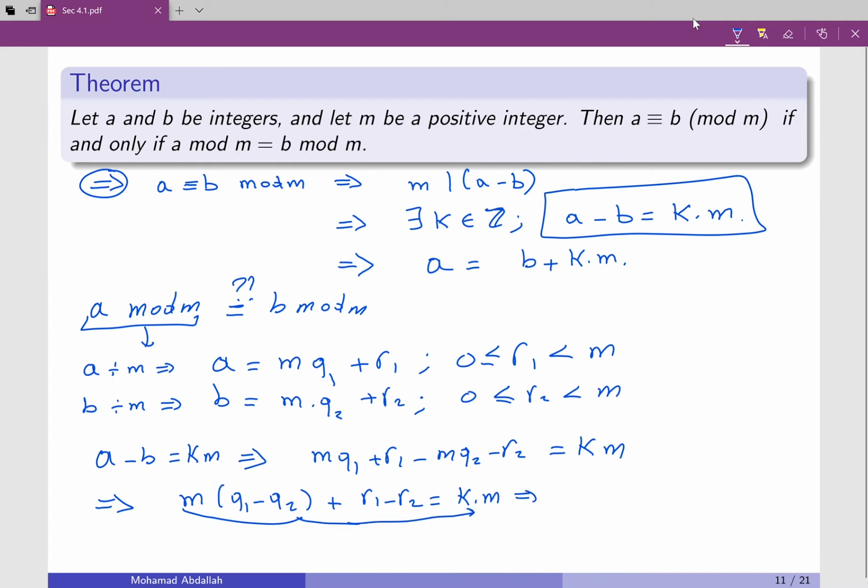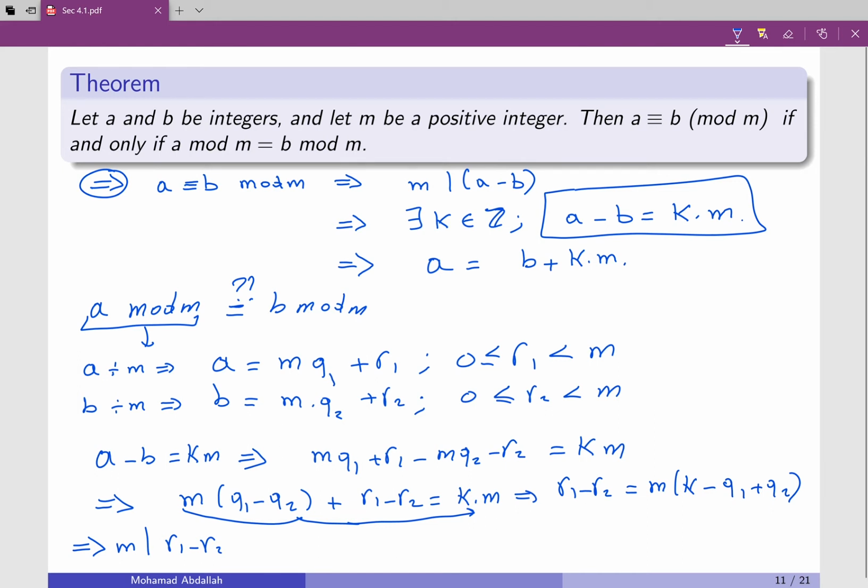So this means that R1 minus R2 is equal to M multiplied by (K minus Q1 plus Q2). Just do the algebra here and you will see this. Okay, this means something very important. This means that M divides R1 minus R2.